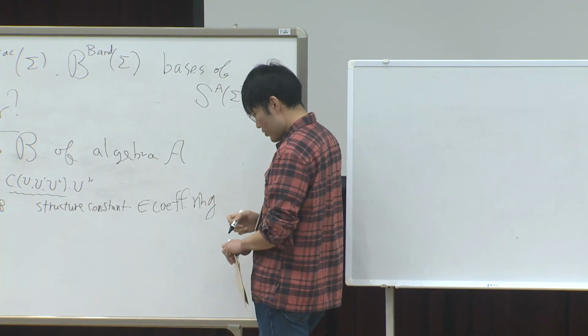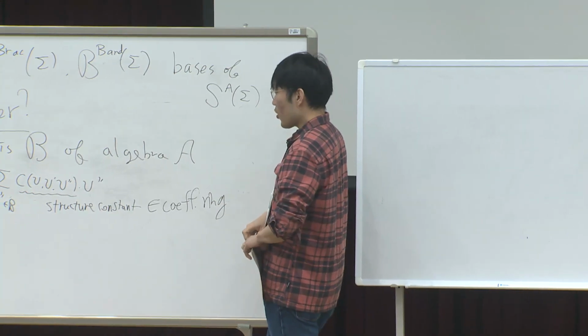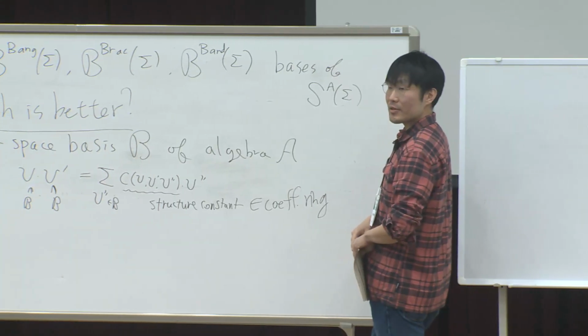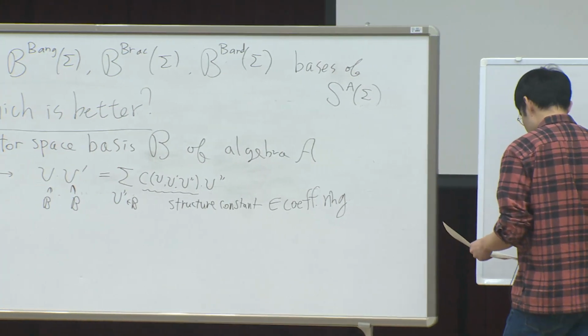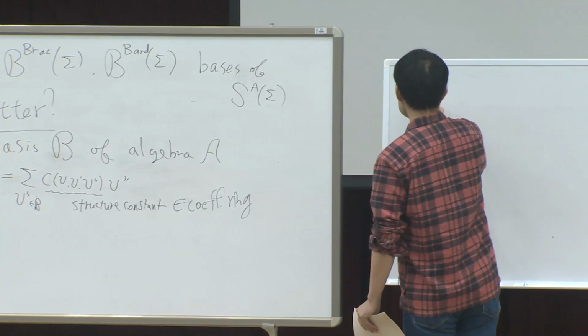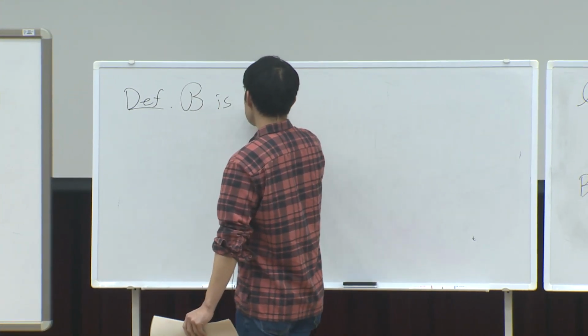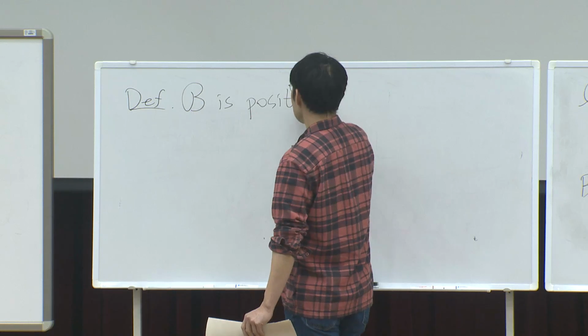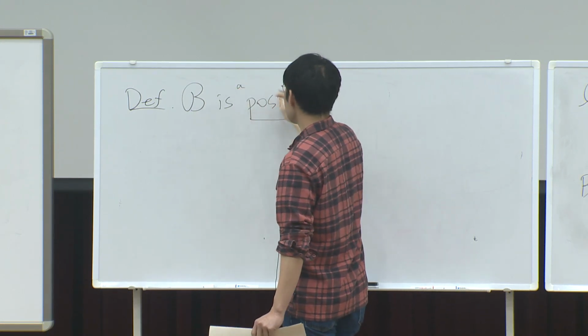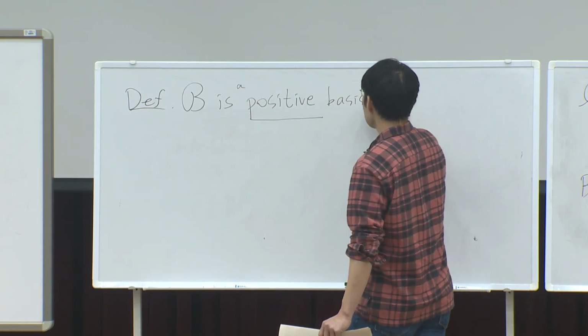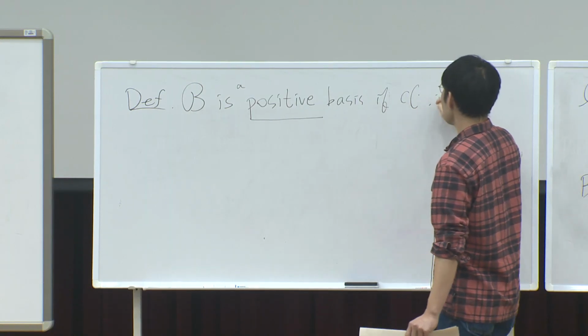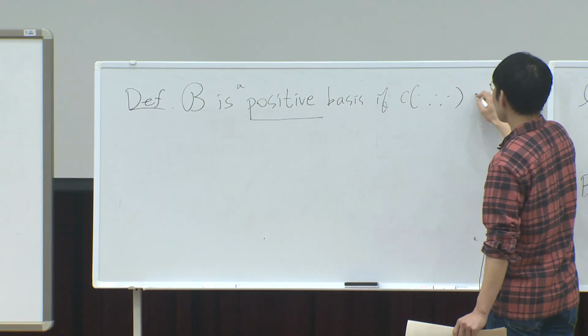Sometimes these structure constants are all positive integers, so it's a very rare occurrence. And in that case, people say that basis is a positive basis. This is a positive basis if the structure constants are all positive.